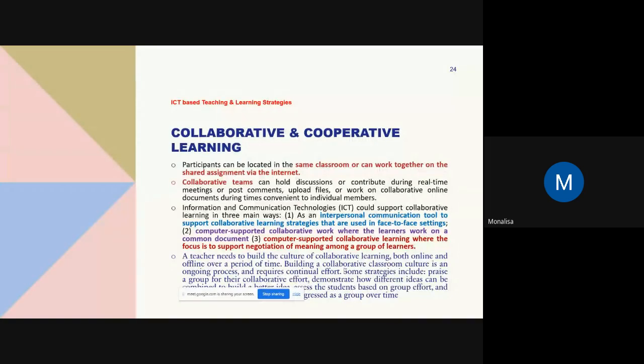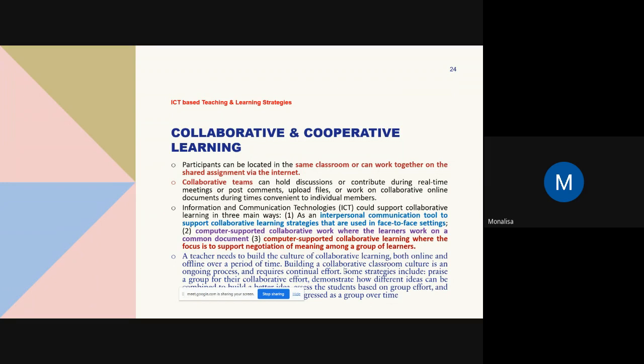Coming to collaborative and cooperative learning, using ICT, teachers can facilitate collaborative and cooperative learning for students. We are shifting our teaching process from teacher-centered to student-centered, where students cooperatively learn something, analyze their problem, and discuss with the teachers for further modification.